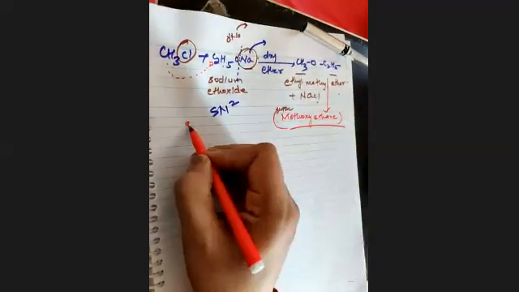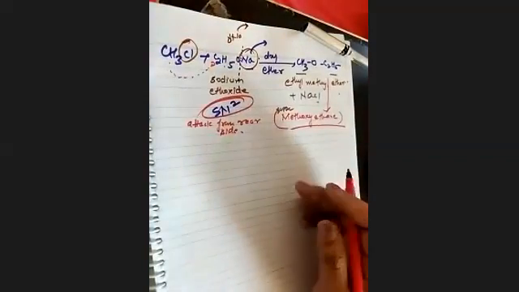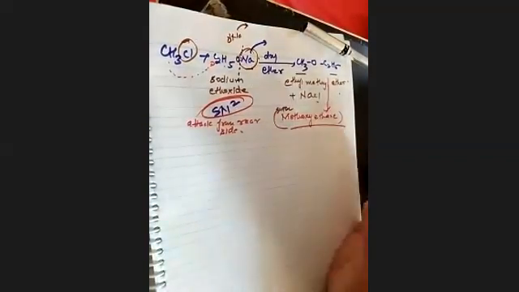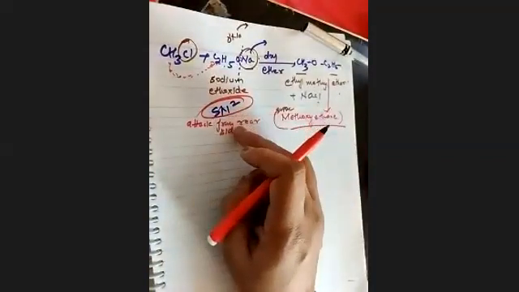And rear side means SN2. Clear? So SN2 will be there. तो यहाँ पे जो न्यूक्लियोफाइल का अटैक हो रहा है with this RO, it is from the back side, from the rear side. So that is why these reactions show SN2.